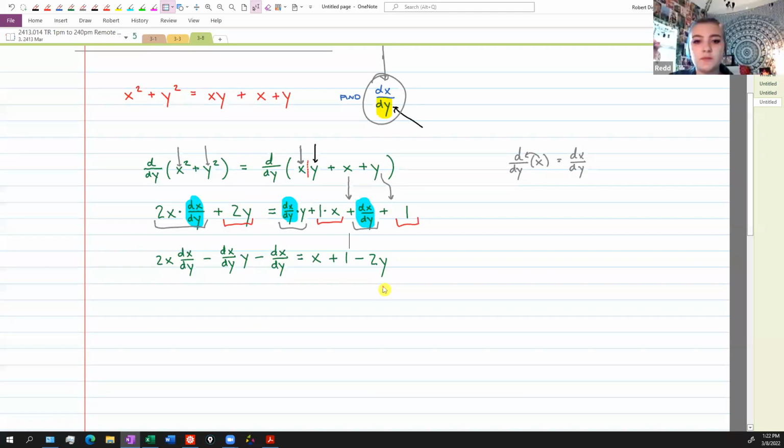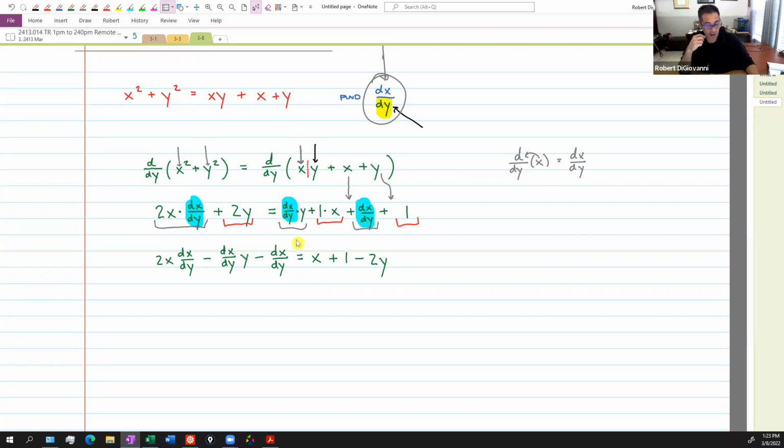Will you ask for the raw first one on the exam, or do we have to put the terms on one side? If I ask you to find dy dx or dx dy, then you're going to algebraically have to solve for it, which is what I'm doing here.